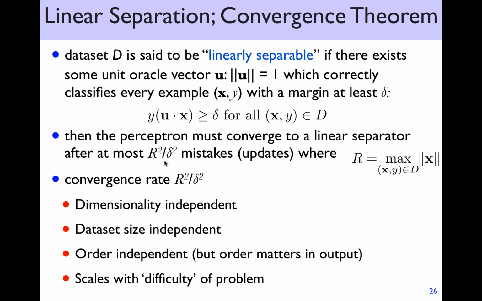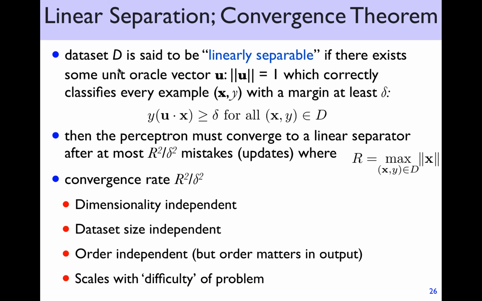But right now, let's look at this form of R squared over delta squared. And we see that this form is independent of many factors. It's independent of the dimensionality. That is, whether this x or this u is an n-dimensional vector or a 100-dimensional vector or a 10 million dimensional vector doesn't matter at all. And it doesn't matter what the data set size is.